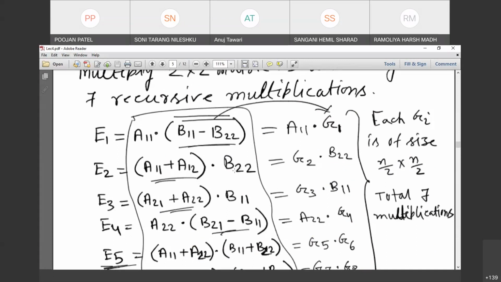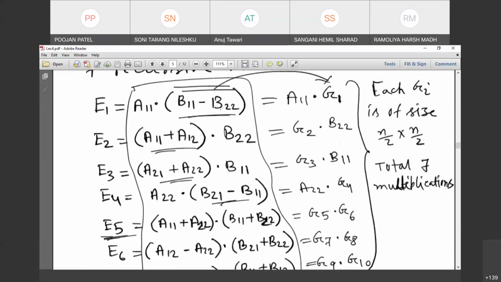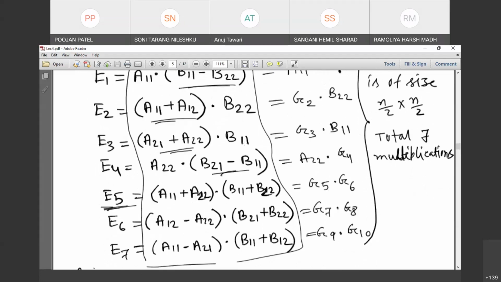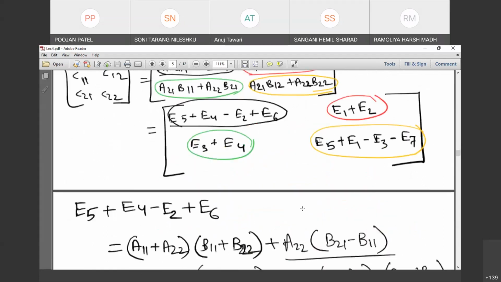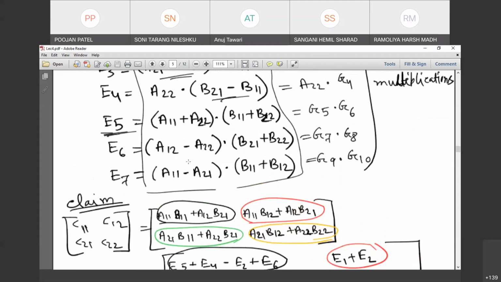And in every expression, we are just applying one multiplication. So you are multiplying two n by 2 cross n by 2 matrices. That's how 7T of n by 2 came. There are 7 multiplications, each of size n by 2.